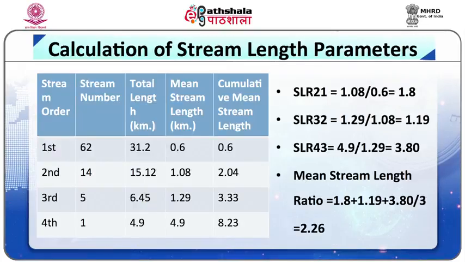This slide shows the stream order, stream length, mean stream length of a river basin and calculation of stream length ratio of consecutive streams and mean stream length ratio. The relationship between stream length and basin order is very interesting.